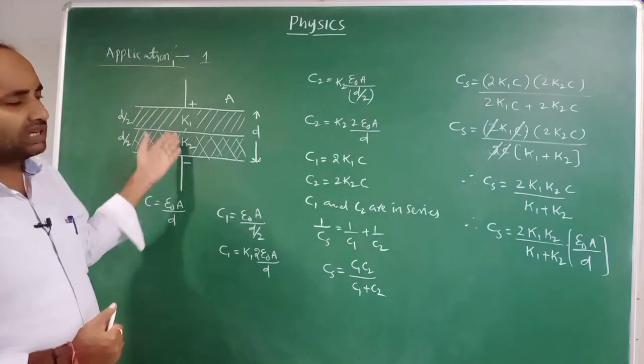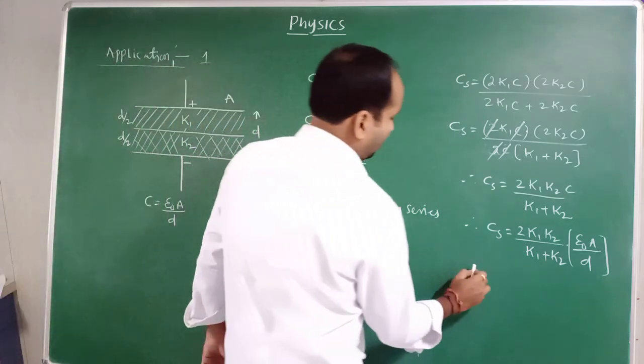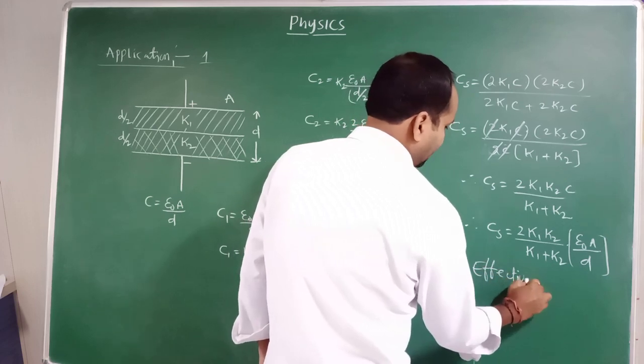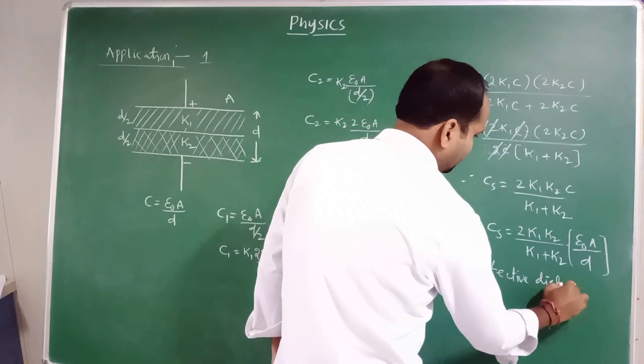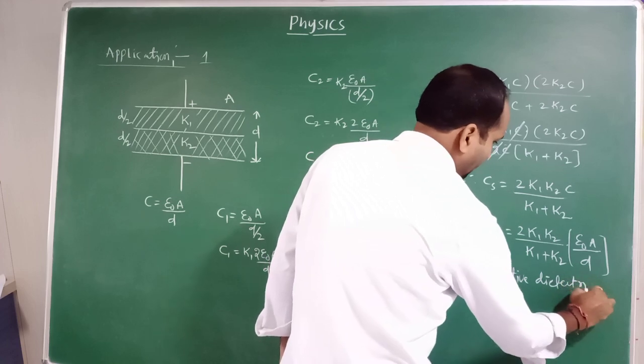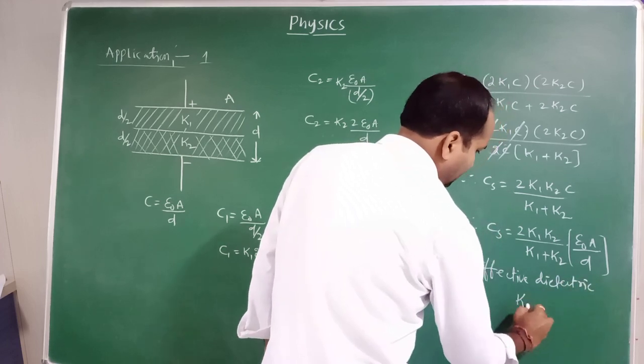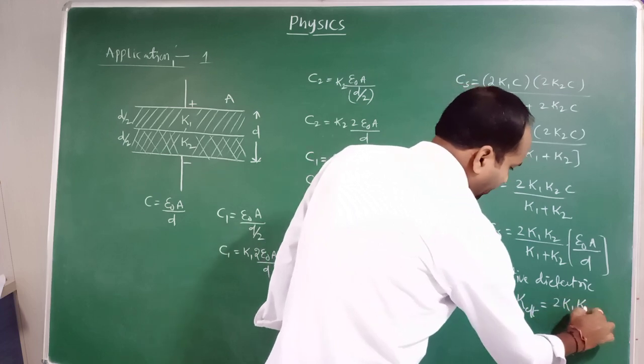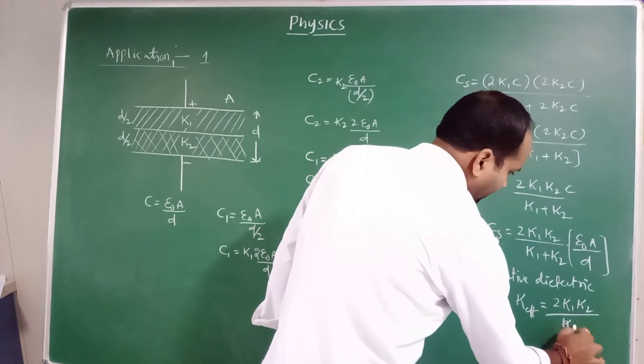When we introduce them like this, the effective dielectric constant K effective is equal to 2K1 K2 by K1 plus K2.